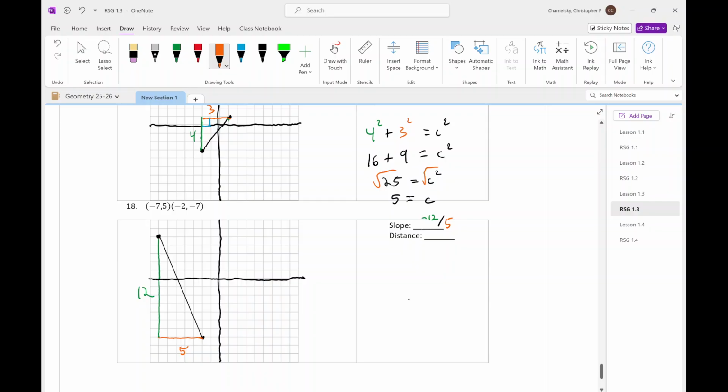Again, we're going to use Pythagorean theorem to find our distance. We'll just plug in our values into Pythagorean theorem. So 12 squared plus 5 squared equals c squared. 12 squared is 144. 5 squared is 25.